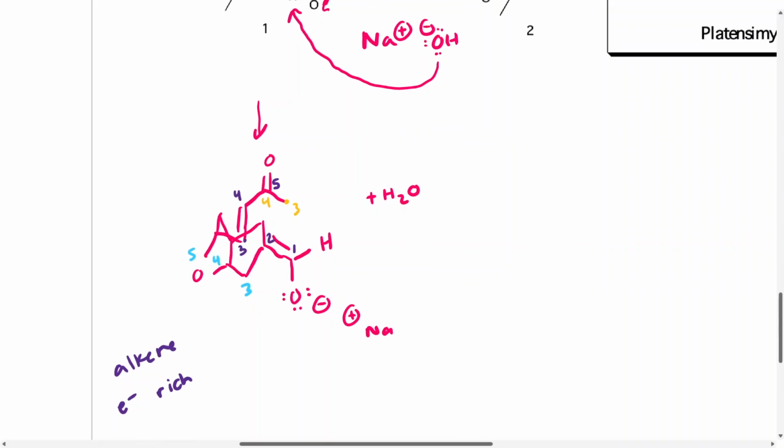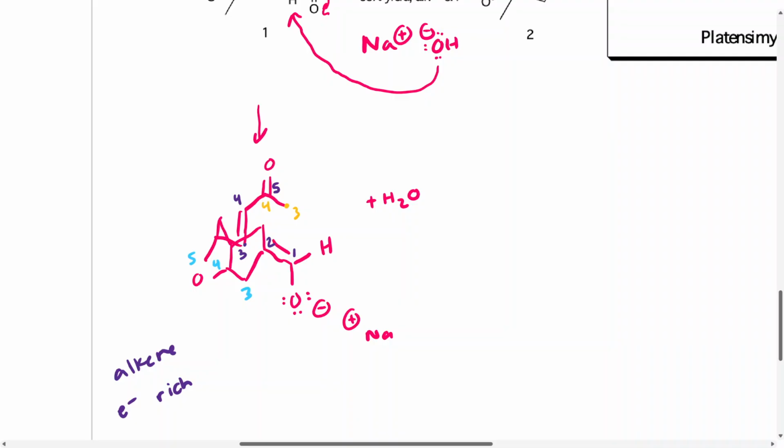Whoa, that's too short as well. Well, there is an oxygen there, but it's not a carbonyl oxygen, so these paths won't work. The only path that will work is the one that we did in purple.